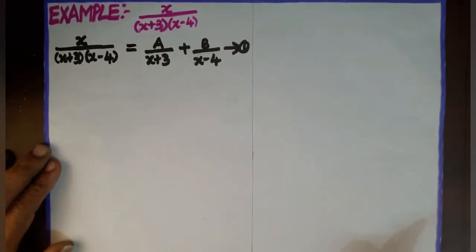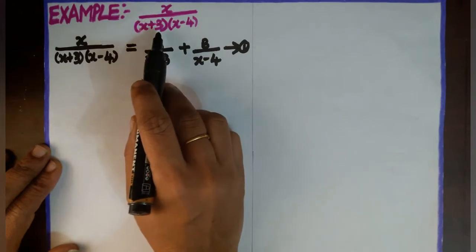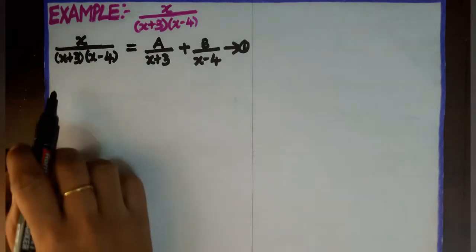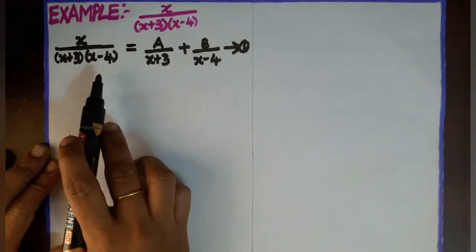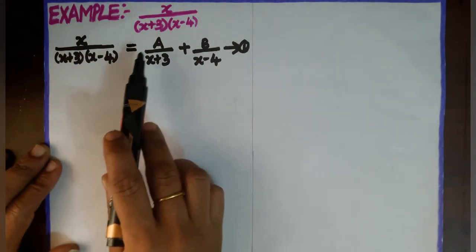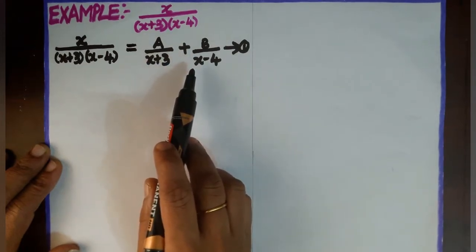Let us discuss some examples. First example, x by x plus 3 into x minus 4. In this case, note the denominator. We have two different factors, so we need to use two constants. The expansion for this case is A by first factor plus B by second factor.